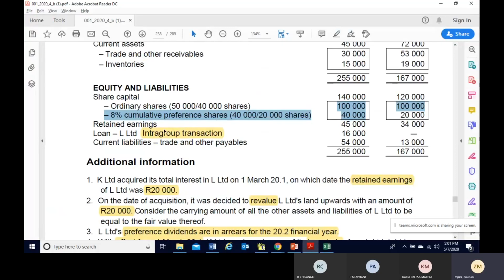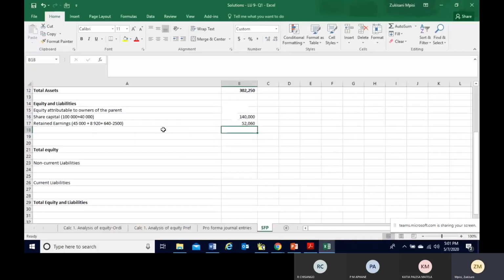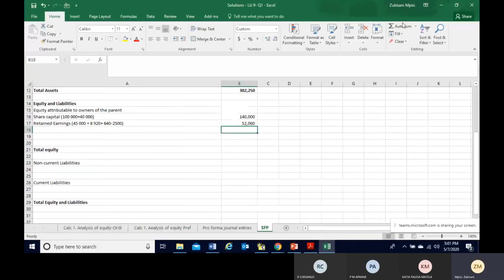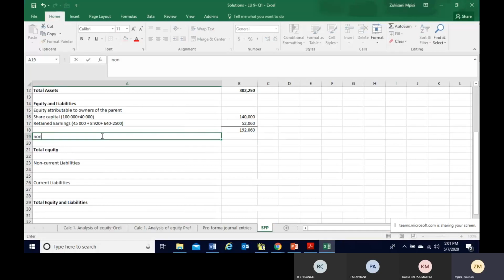Do we have revaluation surplus as other components of equity? No, we do not have revaluation surplus. The one that we had is eliminated at acquisition. Then the next thing that we look at will definitely be the non-controlling interest.